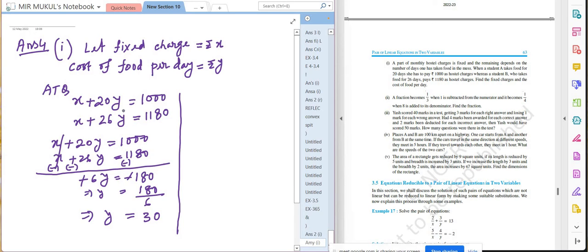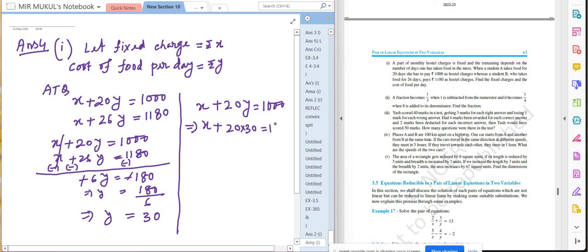So consider either the first equation or the second equation. Consider x plus 20y equals 1000. So x plus 20 into 30 equals 1000. So x plus 600 equals 1000.